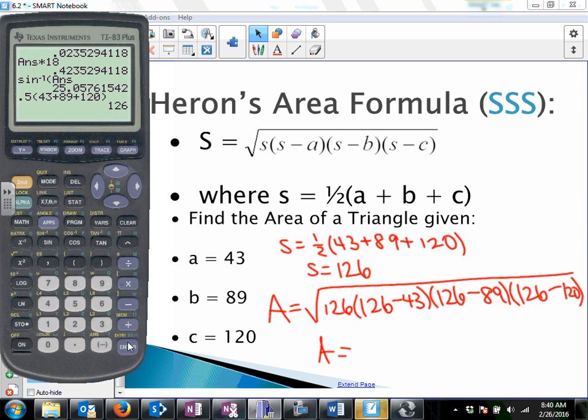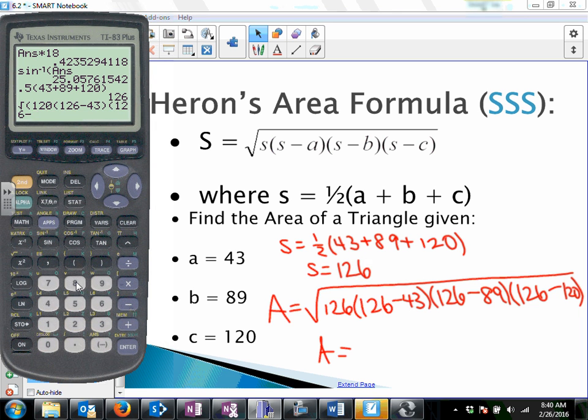Just type it in the way that you see it. So the square root of 126 times 126 minus 43 times 126 minus 89 times 126 minus 120. You're going to have to type all those in anyway, just do it all at once.